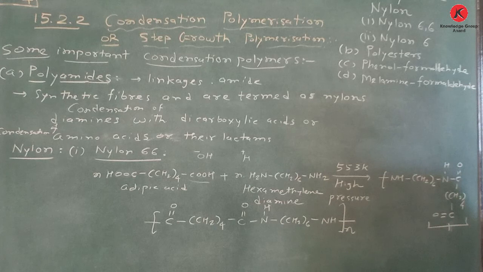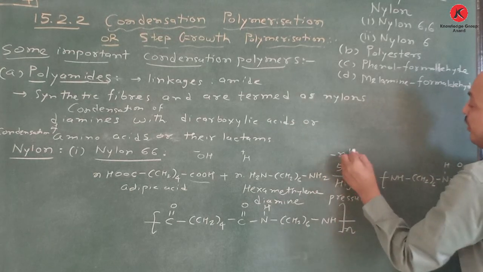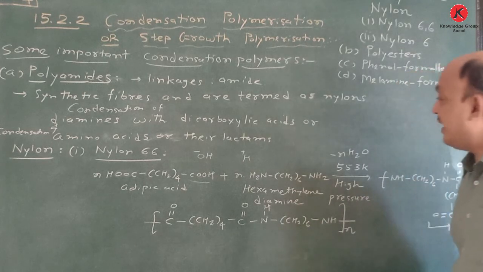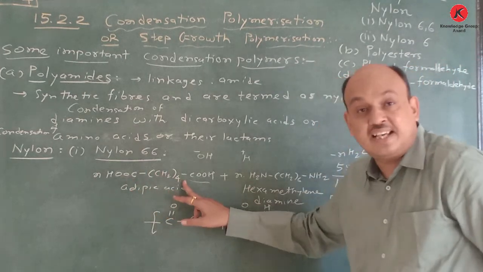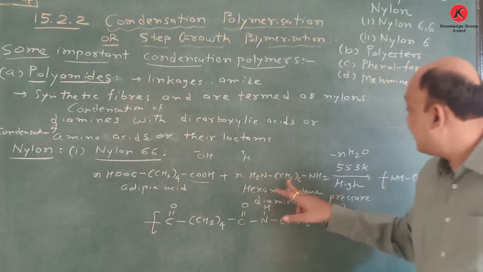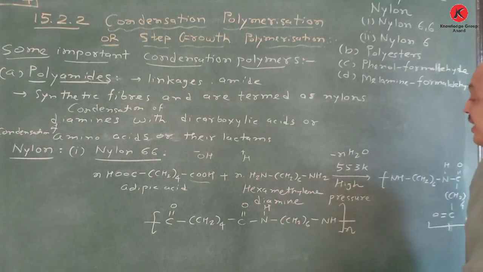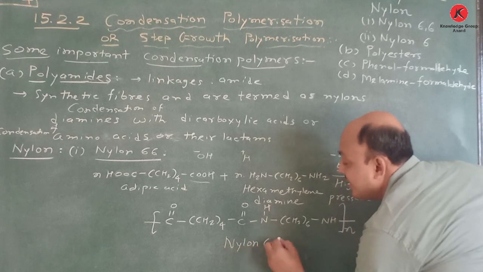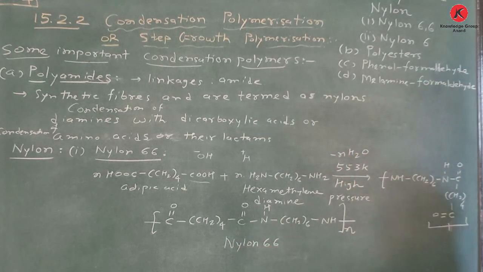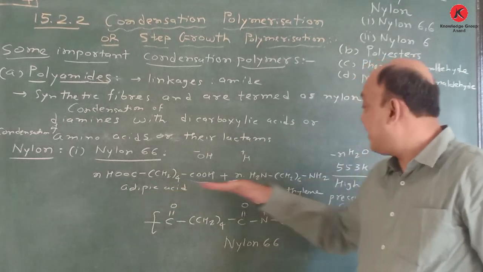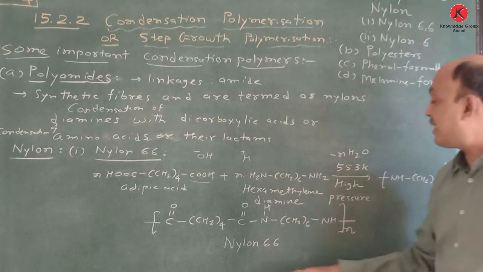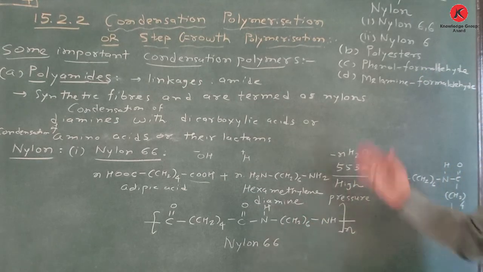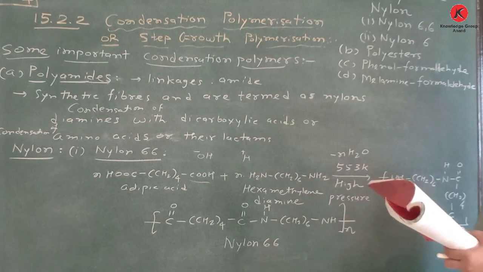Which molecule is removed? n molecules of water are removed. Here 6 carbon is there, that's why 6, and here 6 carbon is there, that's why 6. So the name itself indicates nylon 6,6. In one monomer 6 carbon is there, in another monomer 6 carbon is there, that's why it is considered nylon 6,6. So this is all about nylon 6,6 preparation.